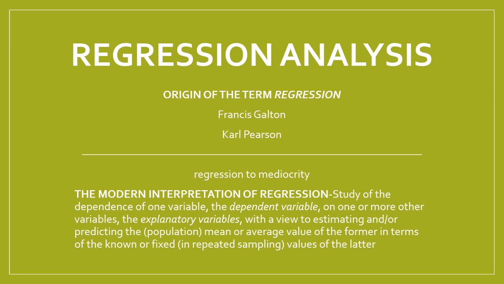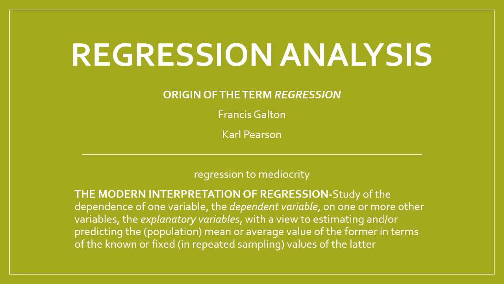That is the first thing. Regression is the study of the dependence of the dependent variable on one or more independent variables, or explanatory variables. That is the first thing you want to remember.